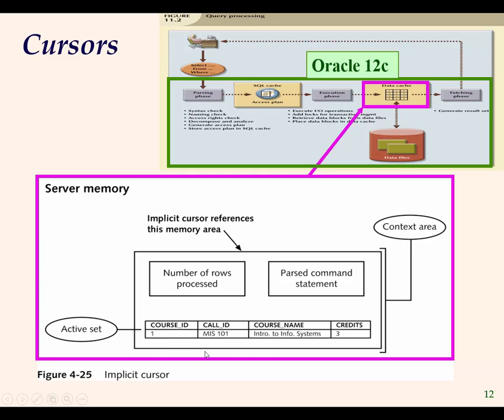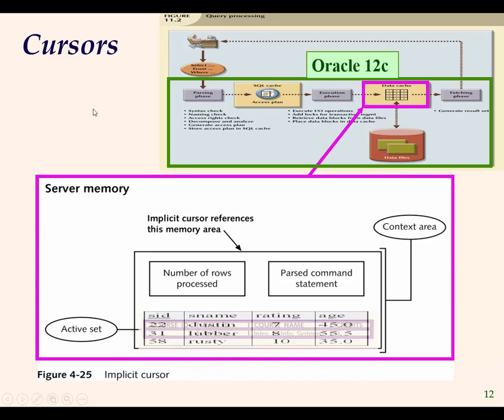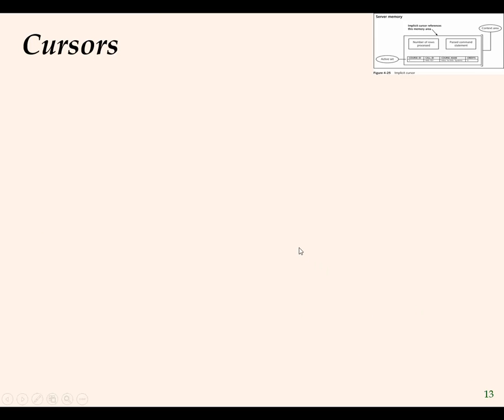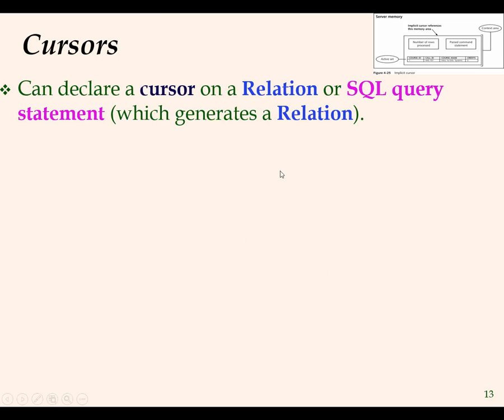So you can modify them, maybe step through them, insert, delete, or you can pull them into your application as well. This is available through the concept of a cursor. If this is your table, that's what you have access to. Let's look at the syntax.